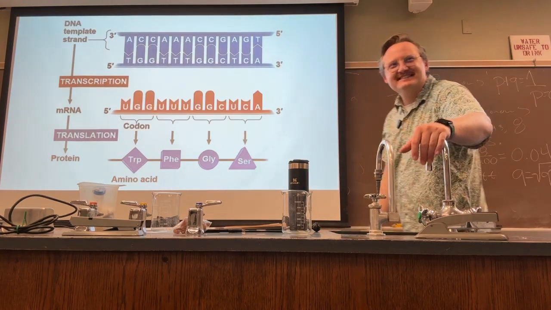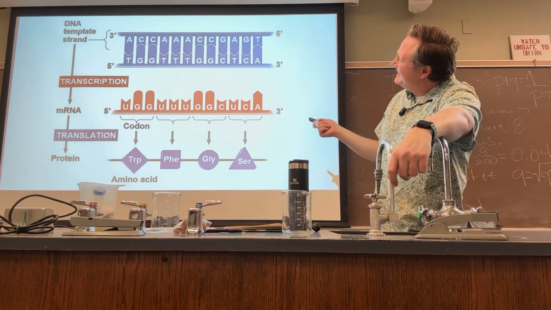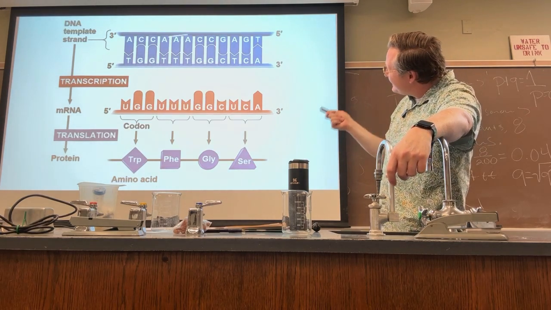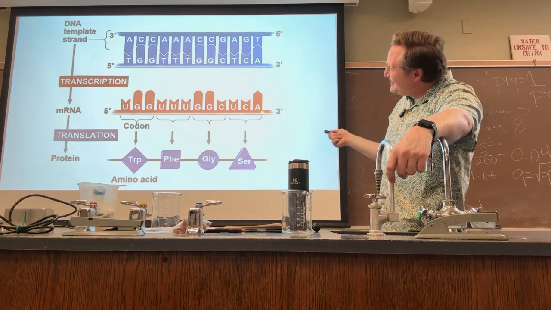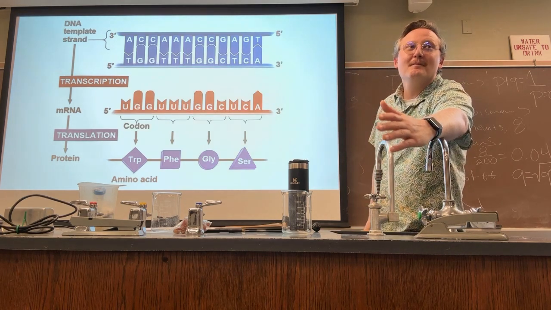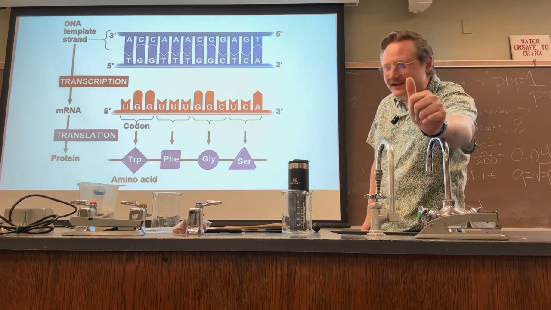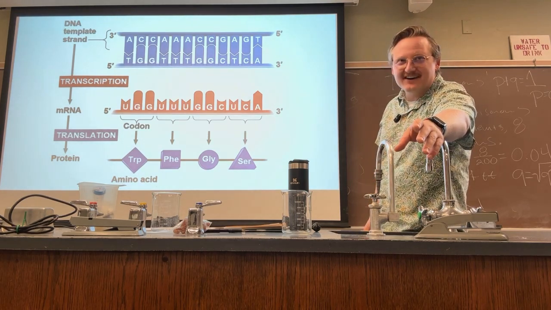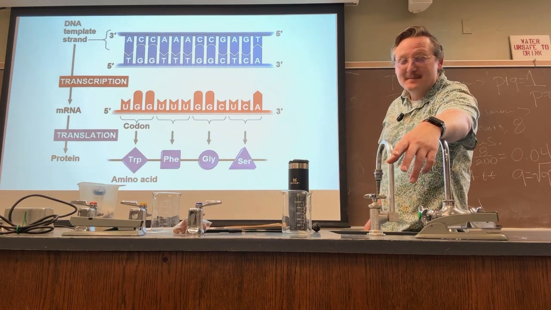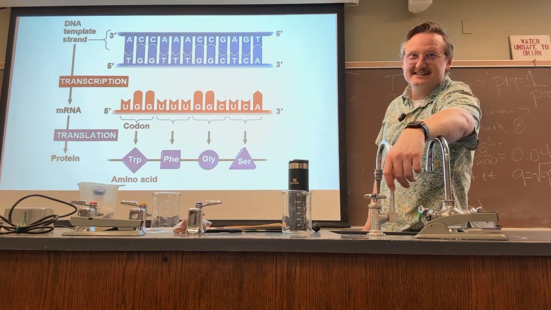It's horrible. So here's transcription. You read a template strand of DNA. You produce a strand of mRNA. What's the M stand for? Messenger. Very good. There's other types of RNA that also get produced via transcription, but that don't go through translation.